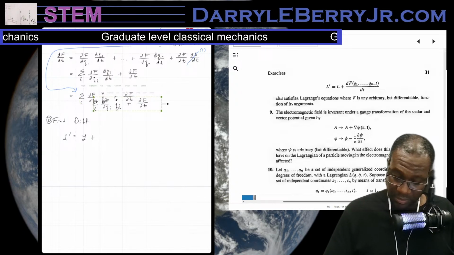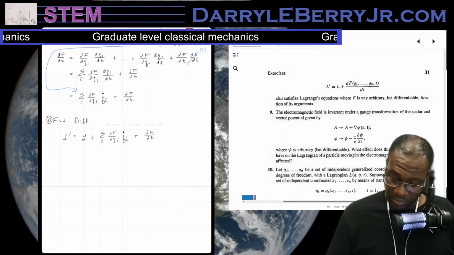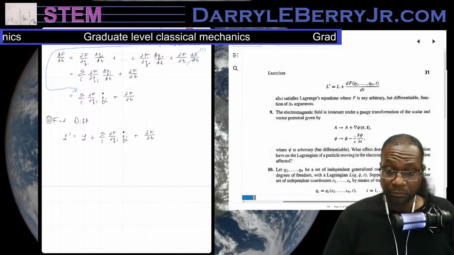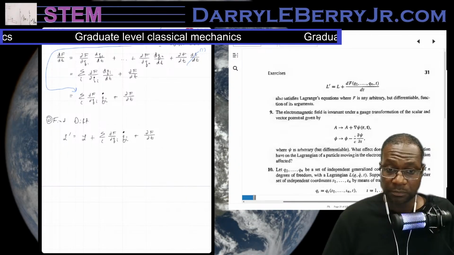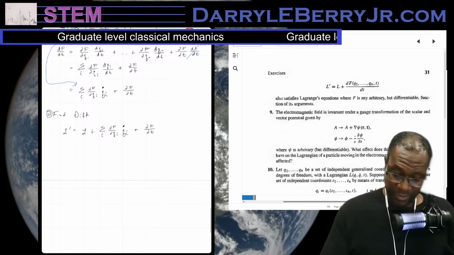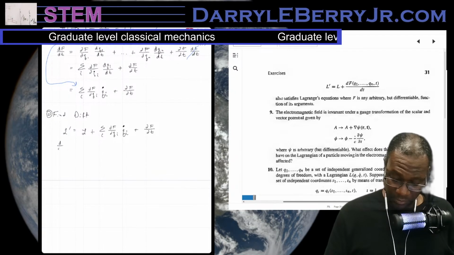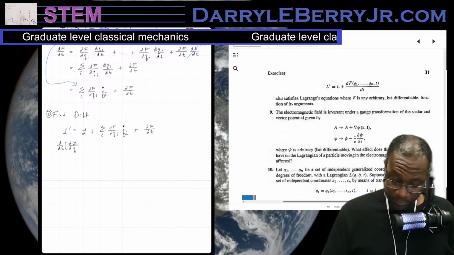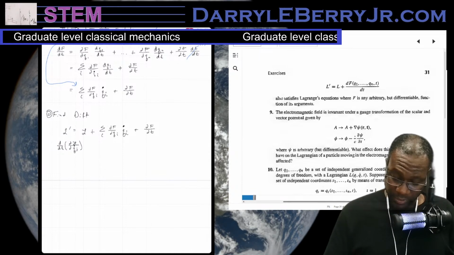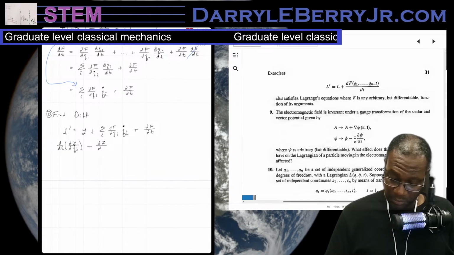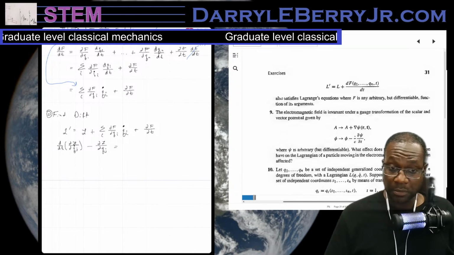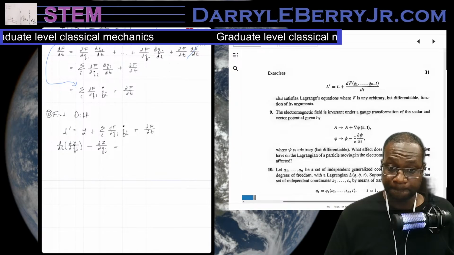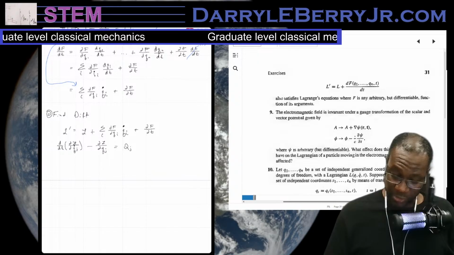So we have to actually get the differentiable function in the proper form, and now we'll actually plug this into the Euler-Lagrange equation. It might be equal to zero.